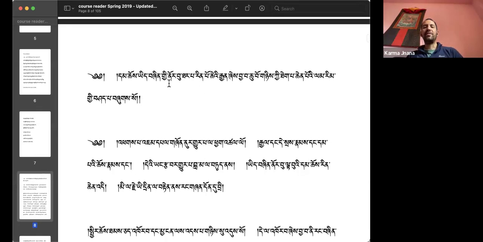Also, this text has been translated many times. It exists already in English, but for the sake of our class, I recommend that you don't look at the English. Even if you have read the text in English, you might not remember all the details. So just for the sake of our class, I recommend looking through this text through the lens of the Tibetan language.